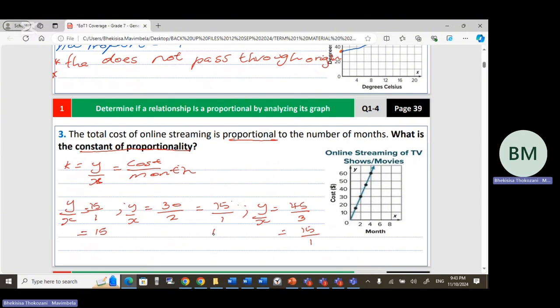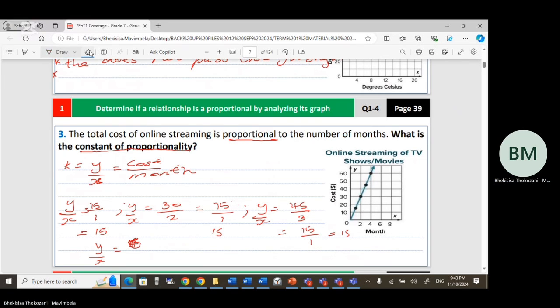There's something here that we're noticing. I've got 15 here, and also I've got 15 here. So now I've done 1, 2, 3. Let's see the last point, another Y over X. This is the last point, guys, which is 4 to 60. Let's try to get it properly.